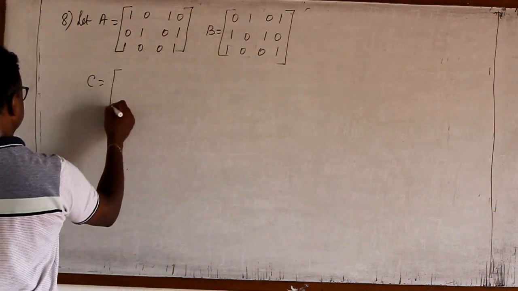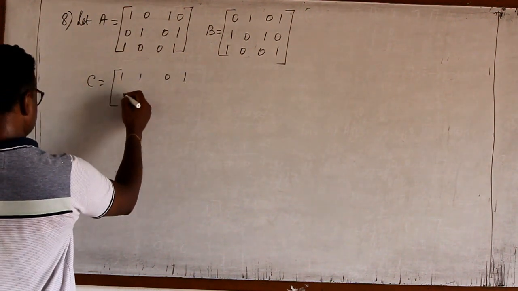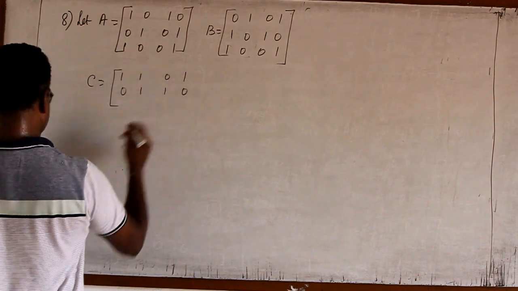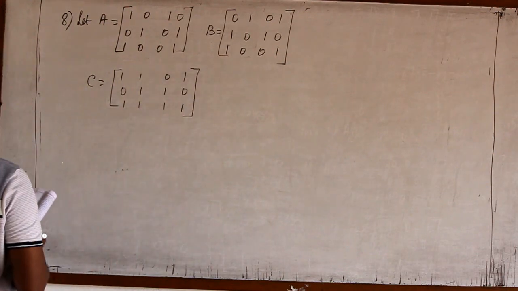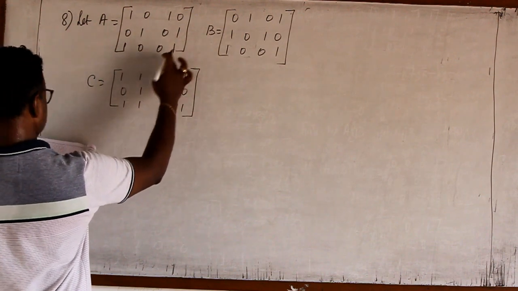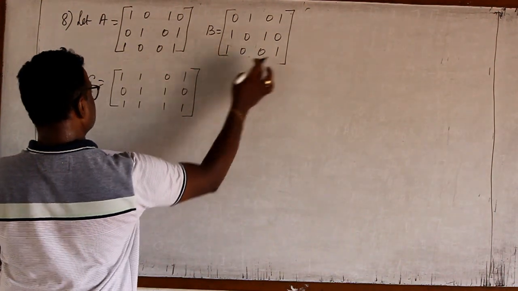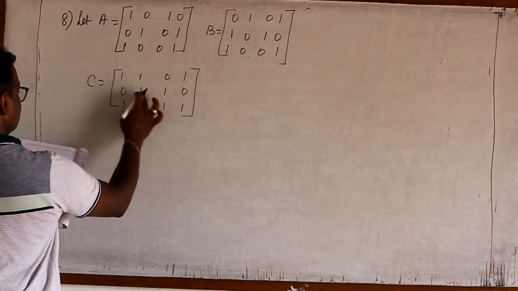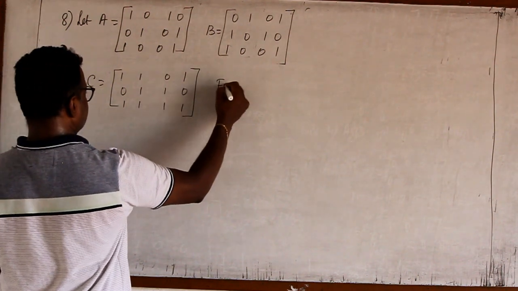C matrix is 1 1 0 1 0 1 1 0 1 1 1 1. Let me check. Fine. These are Boolean matrices.